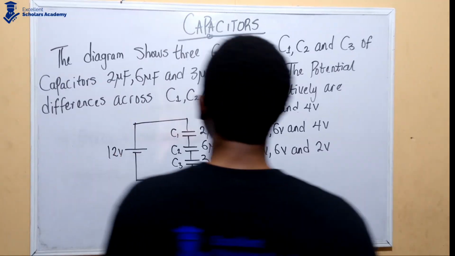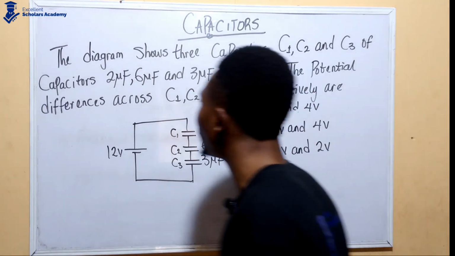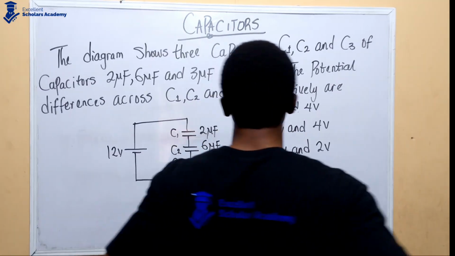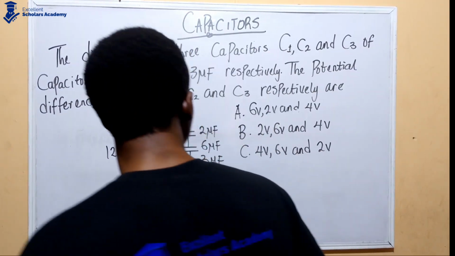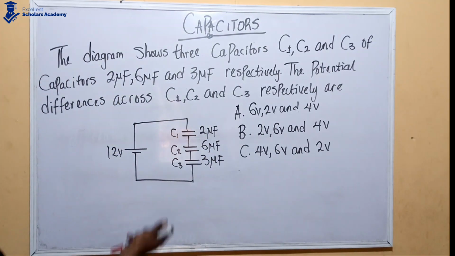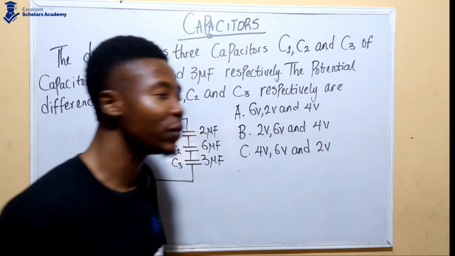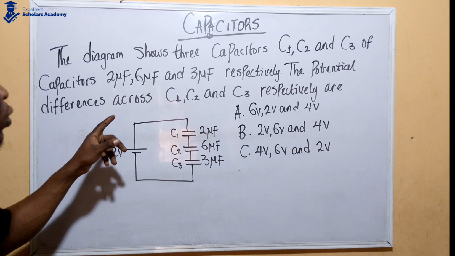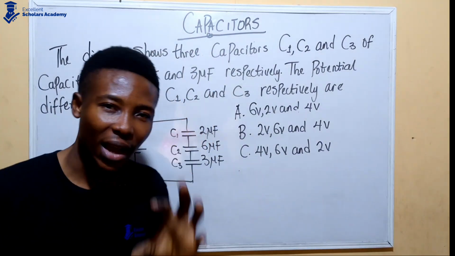The diagram shows three capacitors C1, C2 and C3 of capacitances 2 microfarad, 6 microfarad, 3 microfarad respectively. The potential differences across C1, C2 and C3 respectively are... Now, these capacitors are connected in series and the voltage across them is 12 volts. Before we can find the potential difference across each capacitor, we have to find the charge.